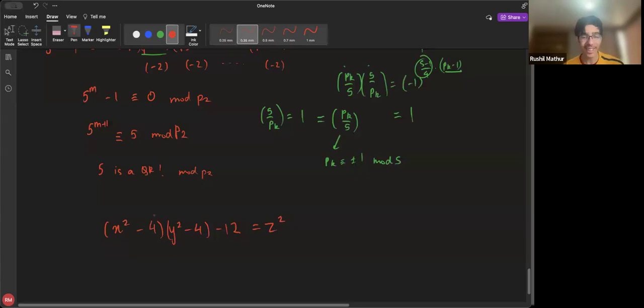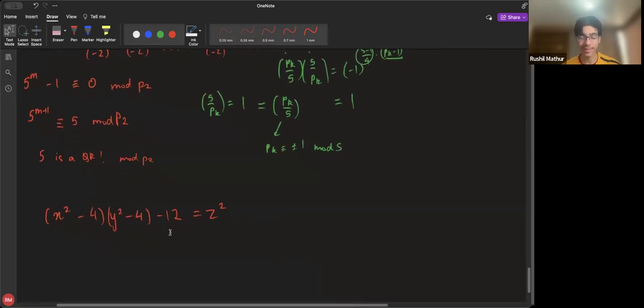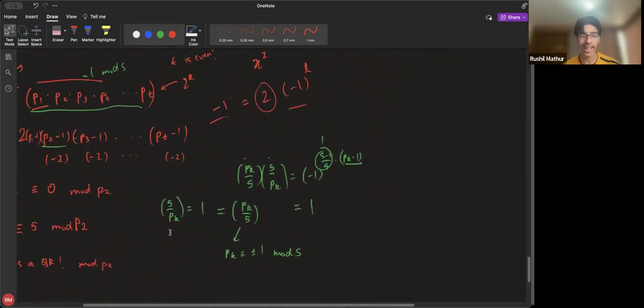For starters, you can take a prime factor of x squared minus 4, and then z squared is congruent to minus 12 mod p. So that's saying minus 12 is a QR mod p, and that gives you some constraints, and then you can do more stuff. The interesting thing to note though is that this also has a solution with Vieta jumping. So it's very much possible that problems have totally different but both completely correct solutions.